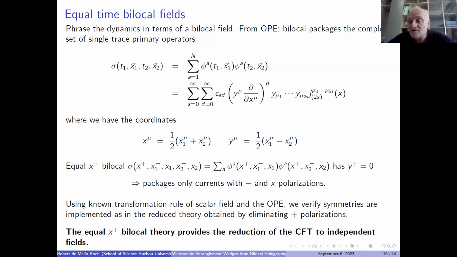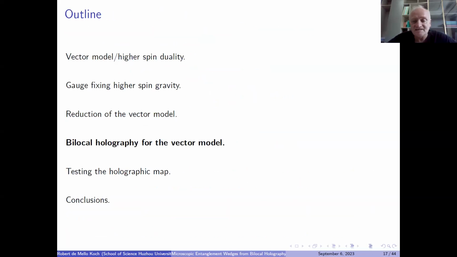So the bilocal at equal times is performing the reduction that eliminates one of the polarizations using the current conservation equation. So that's how we'll be doing our reductions, by using equal time bilocals. Good. And with that background, I can now describe what we mean by bilocal holography for the vector model.